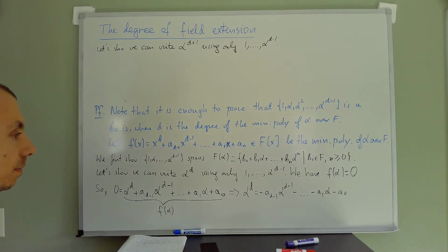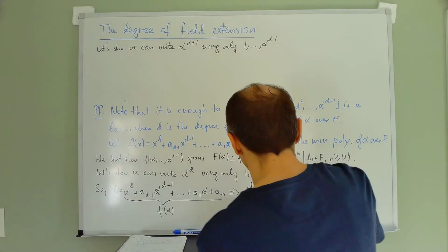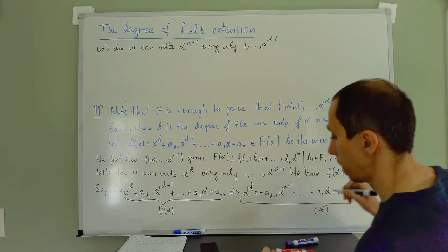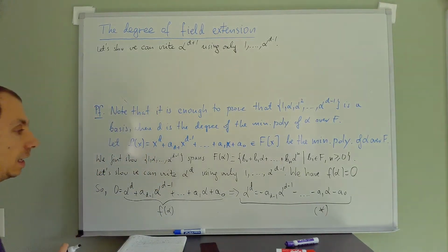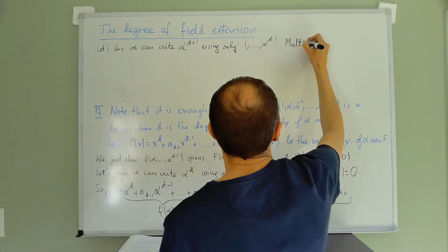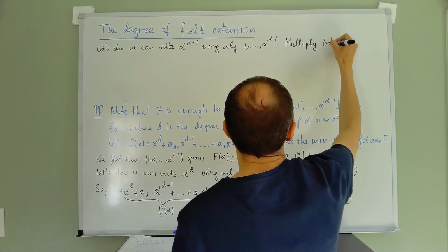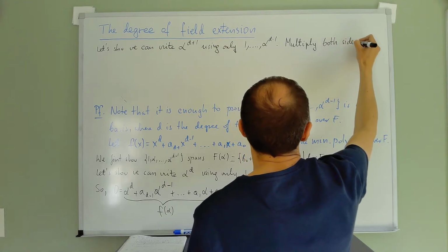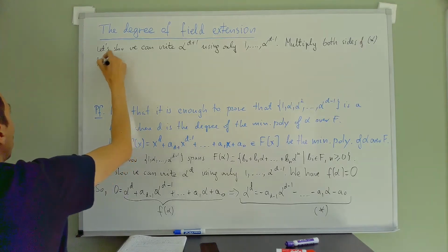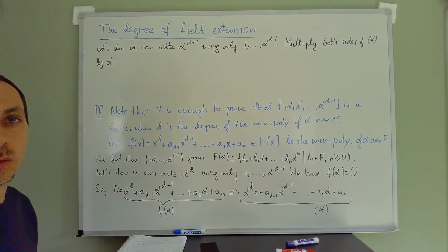How would I do this? Well, I look at this. Let's call this expression star. And I multiply both sides of star by alpha. What do we get?